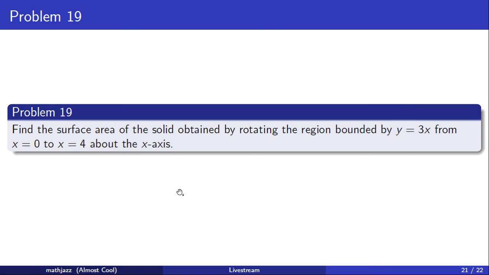So it's 2 pi times the integral from 0 to 4 of 3x times the square root of 1 plus the derivative of this is 3, so 3 squared is 9. So it's the square root of 1 plus 9 with respect to x. And so that function is actually just the integral of a line, so that's not hard either.